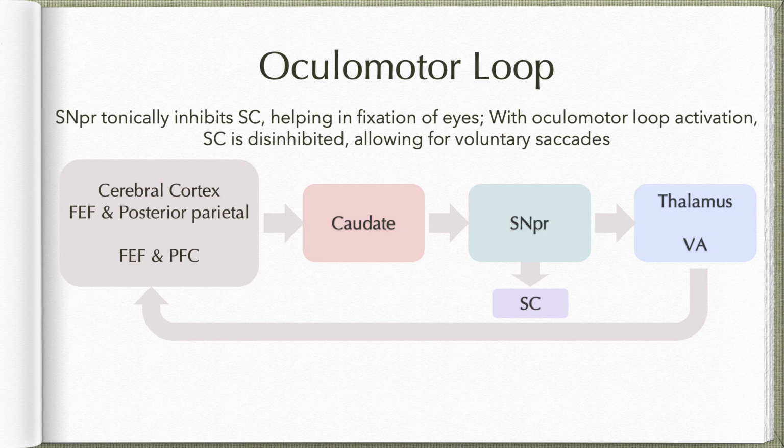Now these will be variously connected either through a motor loop, which can be having a direct pathway facilitating movements, or indirect pathway inhibiting unwanted movements, or we will be having activation of the cognitive loop in case of newly learnt activities, or activation of limbic loop to express emotions by motor activities, or activation of oculomotor loop for bringing about voluntary saccades.